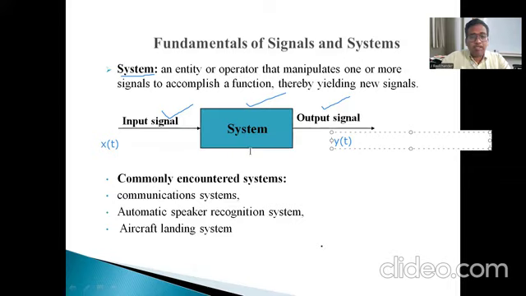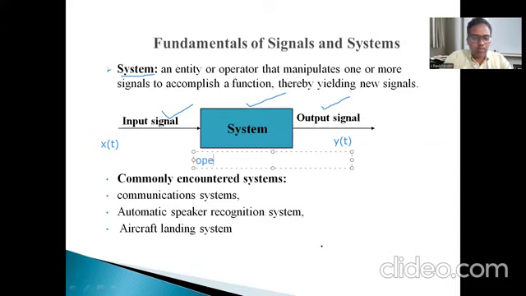In between, the system performs some operations. That is the main job of the system. Hence, the system is an entity or collection of elements which takes an input signal, performs some operation on it, and gives the response or output signal.